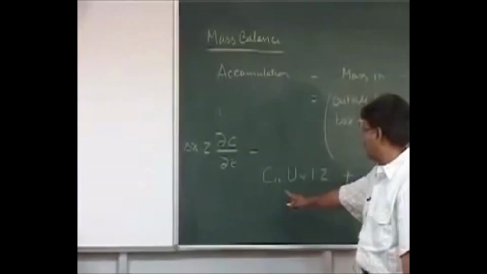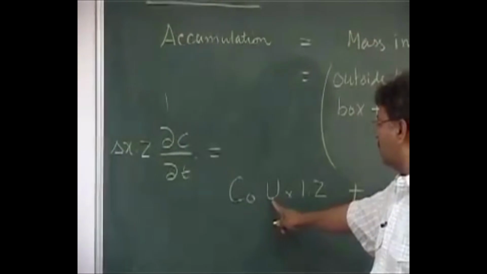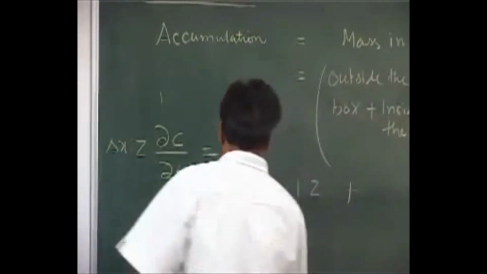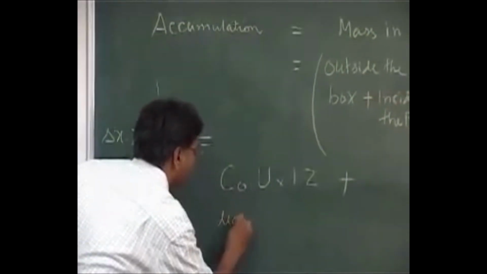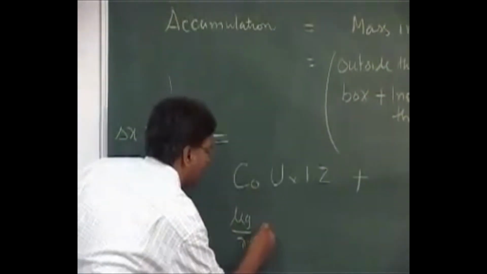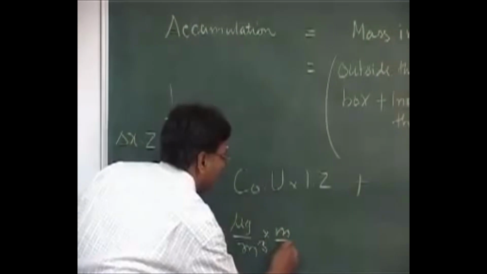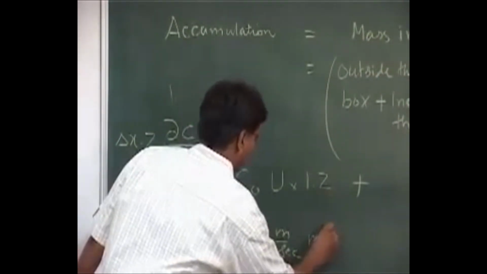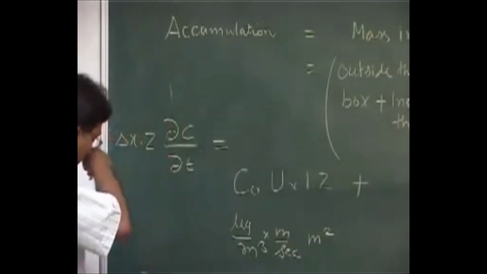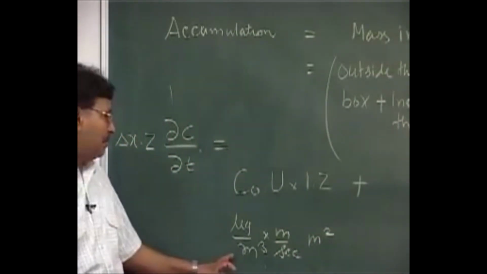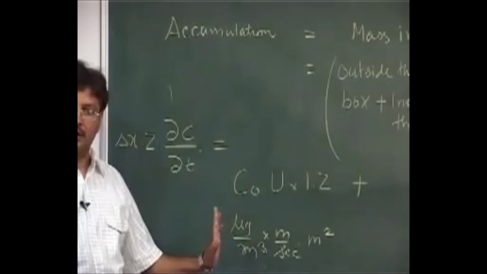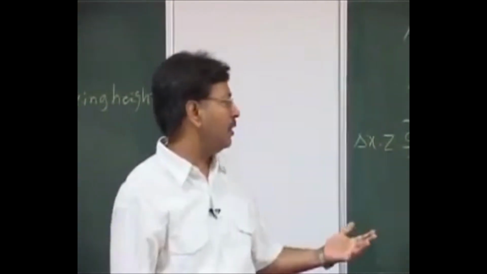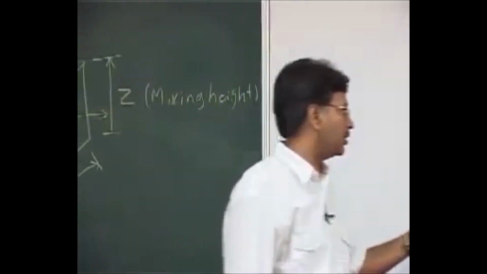Concentration, meters per second. So let's check. This you have micrograms per meter cube, for example. This is meters per second. This is meter square. So what are you getting? Mass per time, correct? We should write them clearly, even if you are very good, go through this.